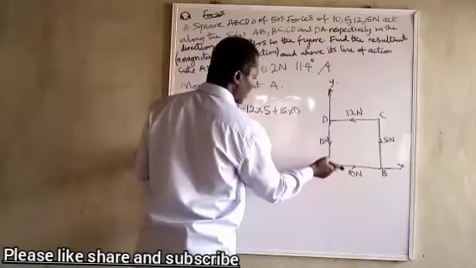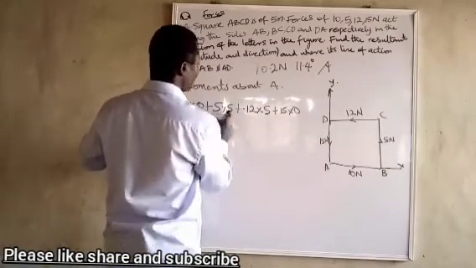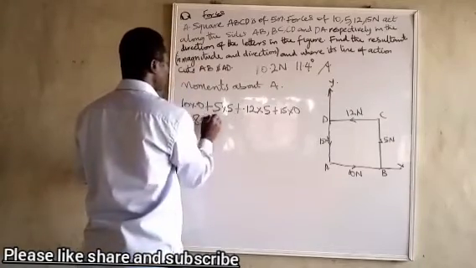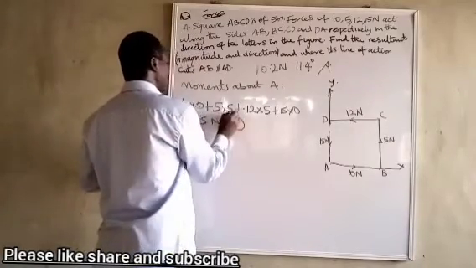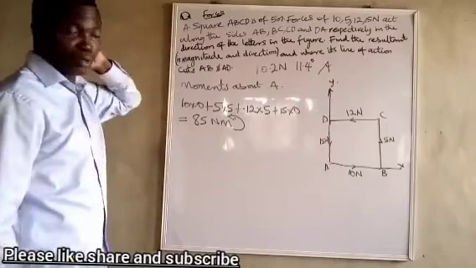You can see they don't have any moment, that's 0. So it's equal to, what do we have? 25 plus 60. So we have 85 Newton meter in the anti-clockwise direction.